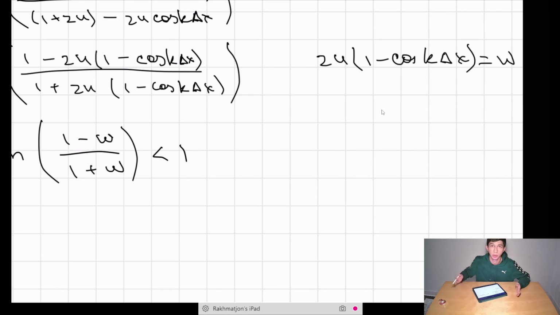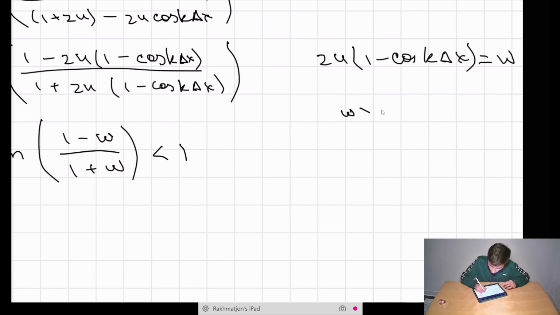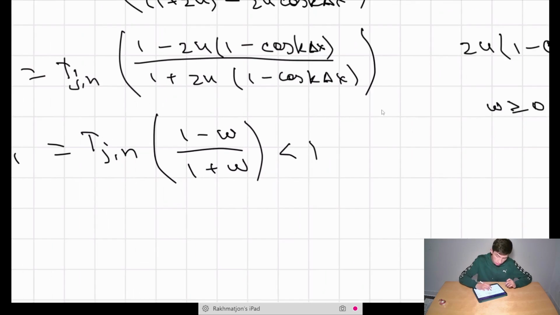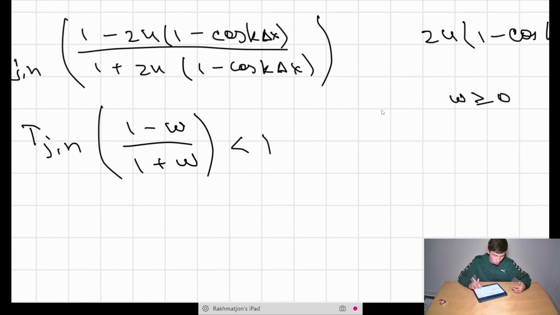The cosine ranges between negative 1 and 1, so if we subtract that number from 1, we're going to have either 0 or a positive number, which means omega is greater than or equal to 0. If we subtract a non-negative number from 1 and divide that by 1 plus that number, it is definitely going to be smaller than 1 all the time.